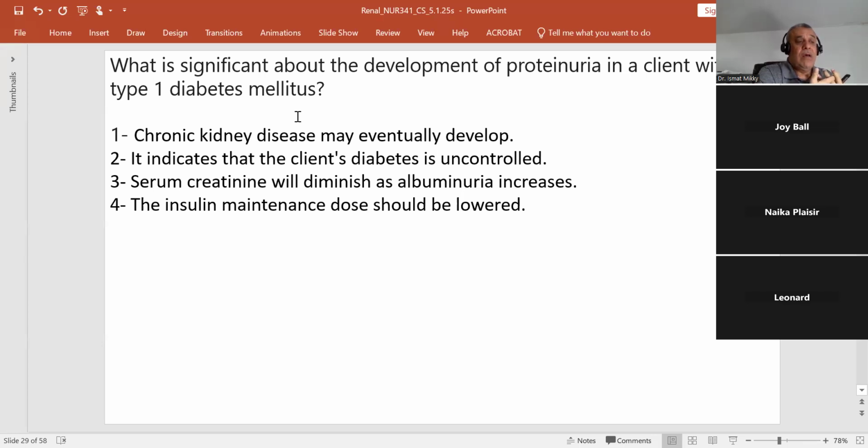If a patient with type 1 diabetes has proteinuria, is that expected because of the disease process, or may this indicate something else or a complication? What do you think?